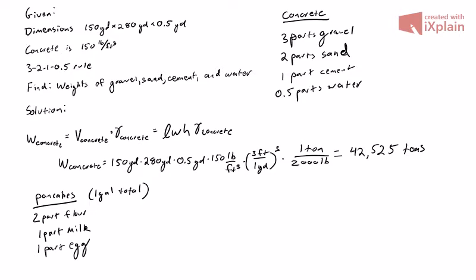Most of you would still pretty much just jump ahead and say, hey, that means that half of my mix is flour, so I need half a gallon of flour and 1/4 of a gallon each of milk and egg. So what we have to do is step back and see what math you are doing intuitively to figure out those numbers.